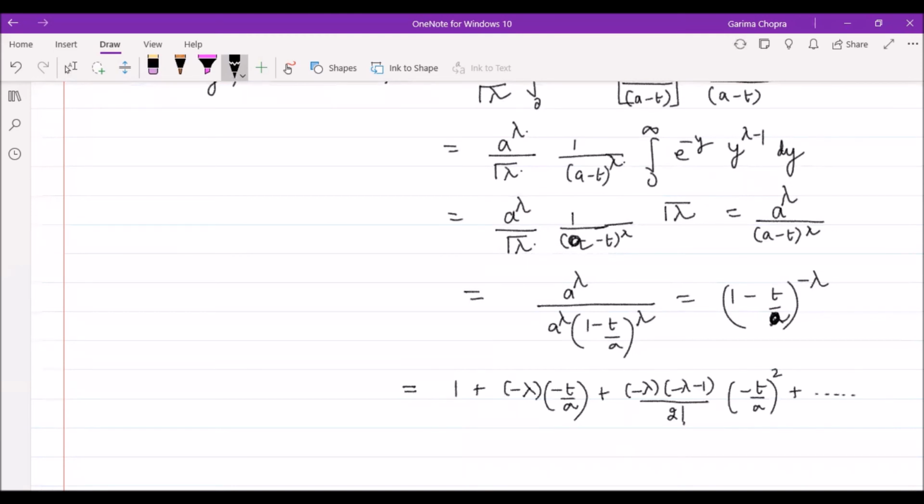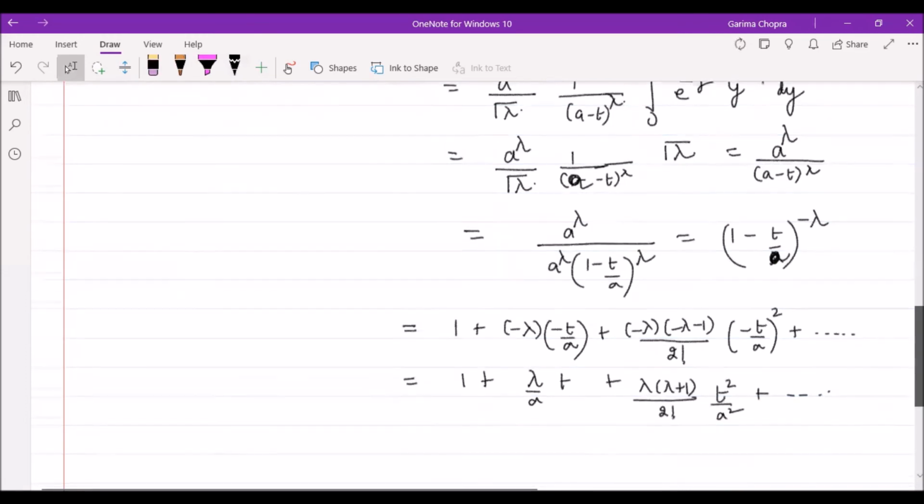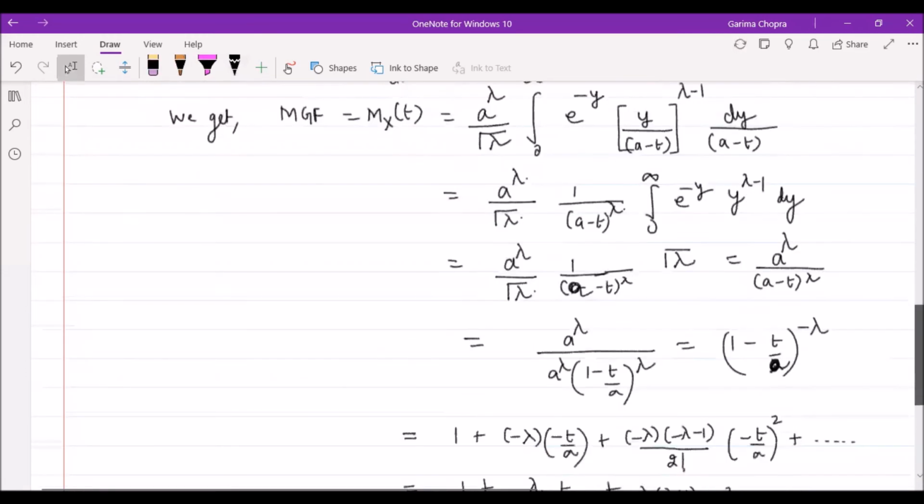This will go up to infinity. Now, if we simplify the series, we have 1 plus lambda by a t, plus lambda into lambda plus 1 upon 2 factorial t square upon a square, and this will go up to infinity. Now we have the series for the moment generating function.